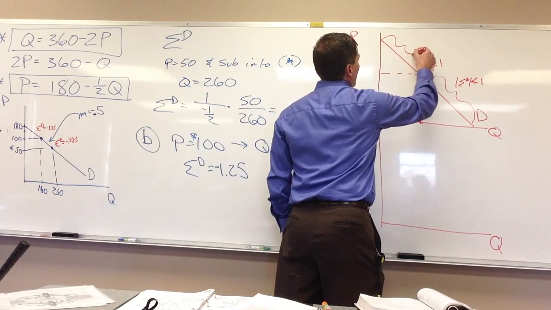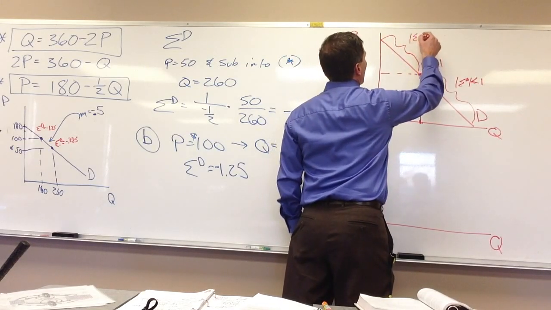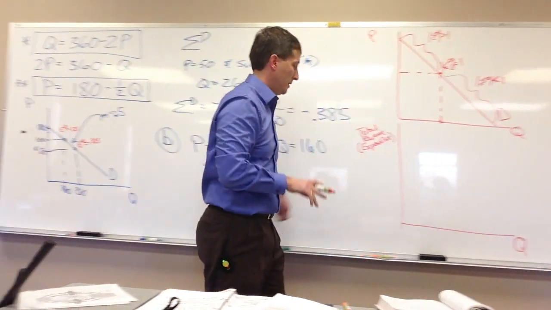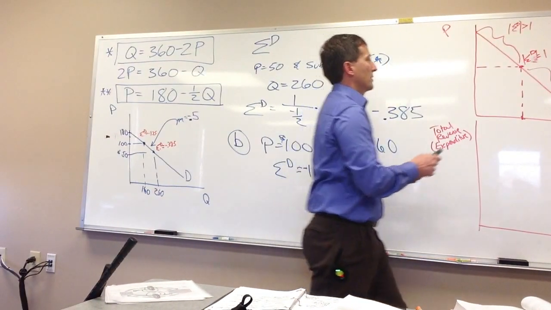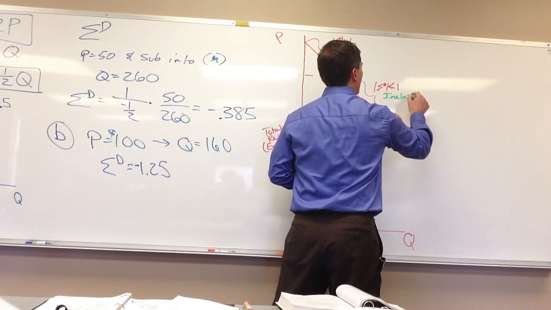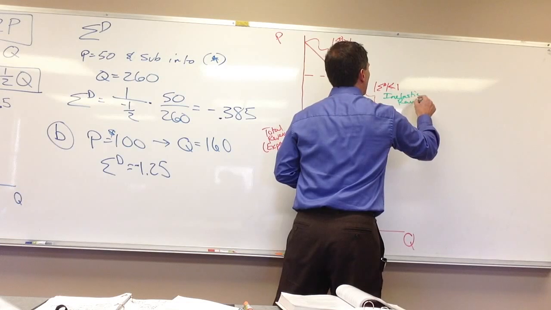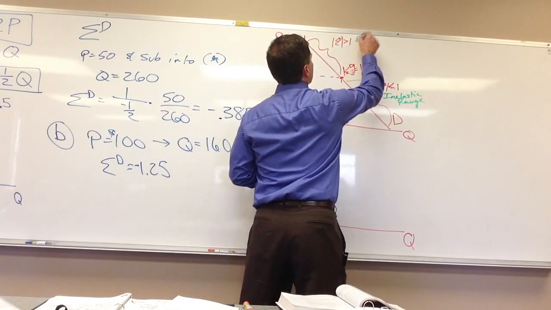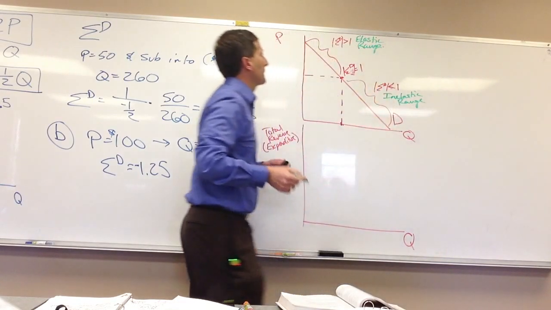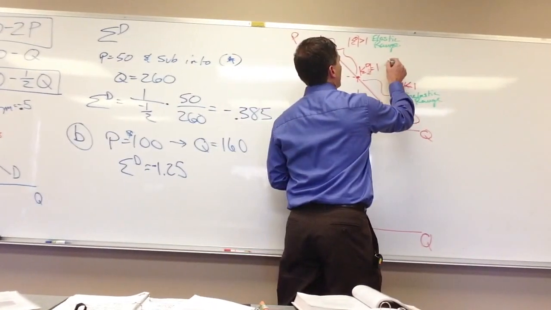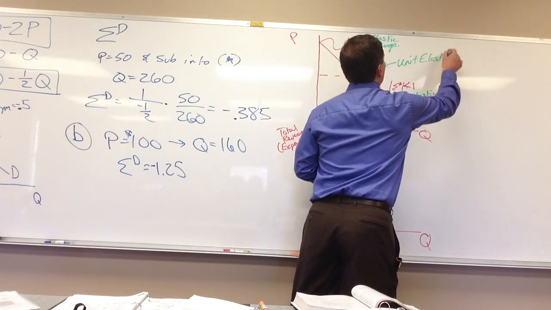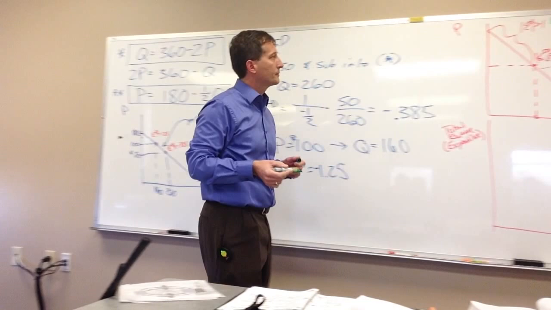And over this range, the elasticity of demand is greater than 1. So this is the inelastic range. This is the elastic range. And here is unit elastic, or unitary elastic. It's equal to 1.